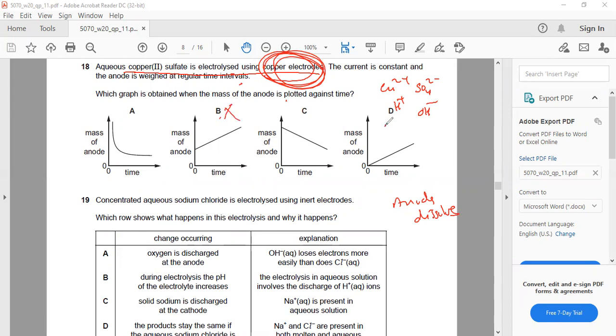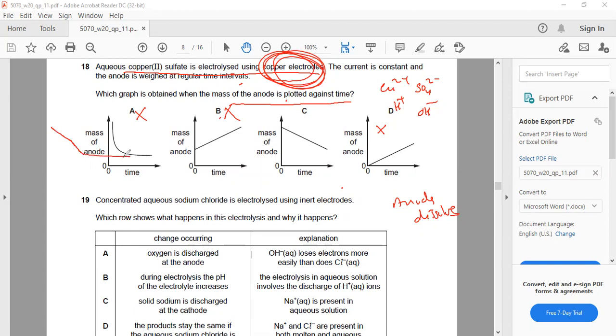B and D are 100% wrong because the mass is increasing. C or A is the answer. When the mass of the anode is plotted against time, it's not like this. A is wrong, C will be the answer because the mass is decreasing.